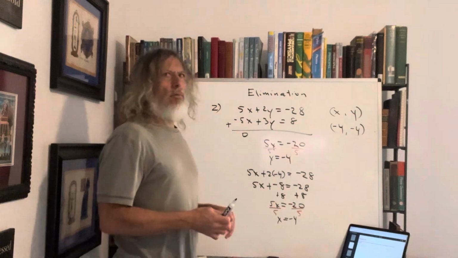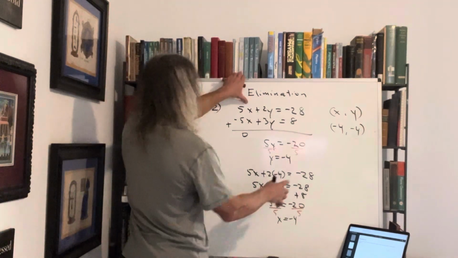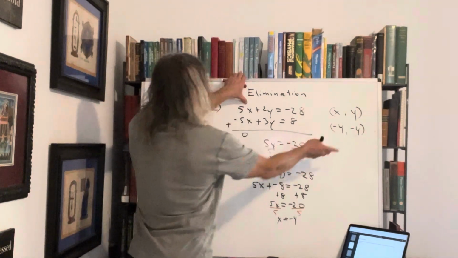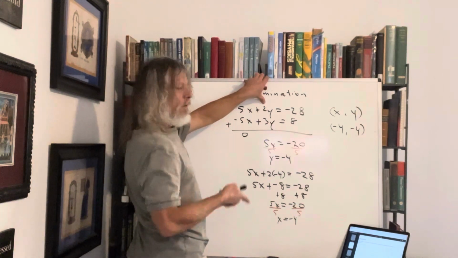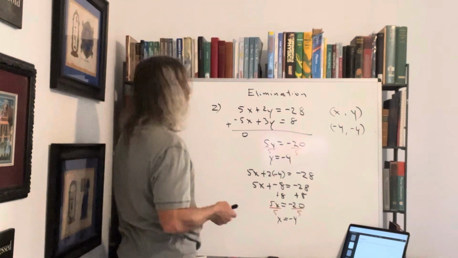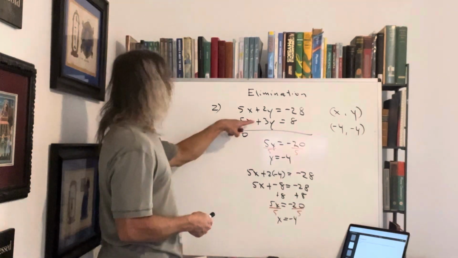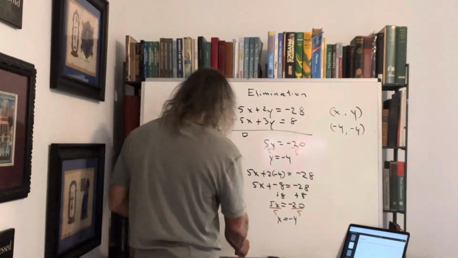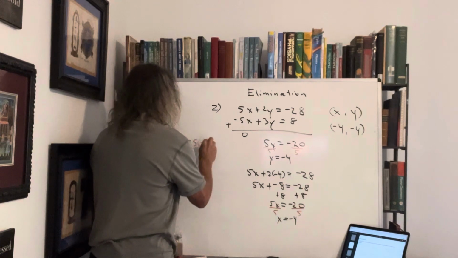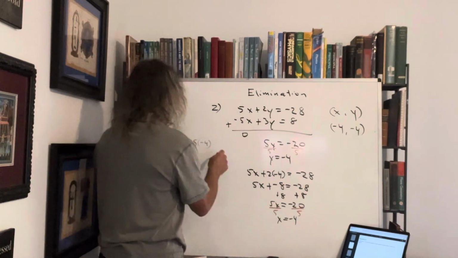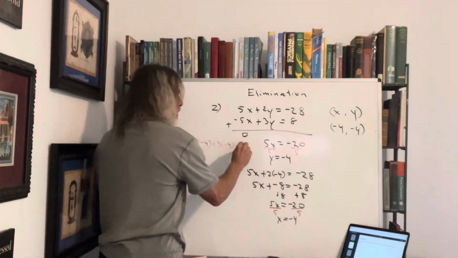And let's check it to see if we messed up our arithmetic or if we did things okay. So 5 times negative 4 is negative 20. 2 times negative 4 is negative 8. Negative 20 and negative 8 make negative 28. And you can write it down if it helps. I'll do it for this one. Negative 5 times negative 4 for our check, plus 3 times negative 4 is supposed to equal 8.